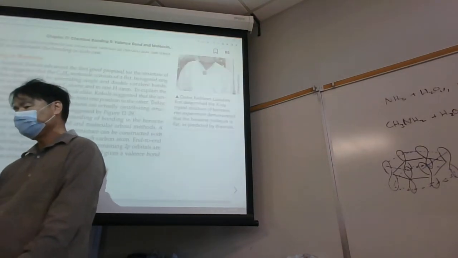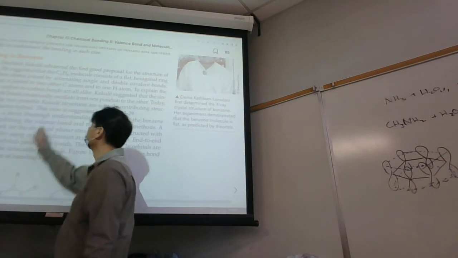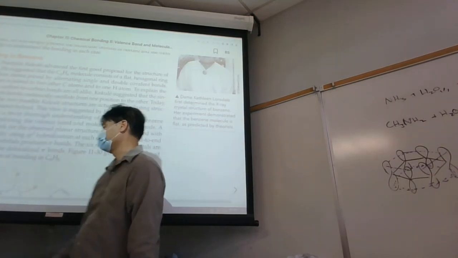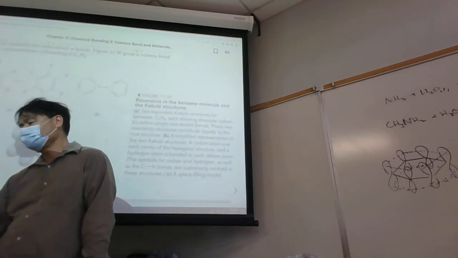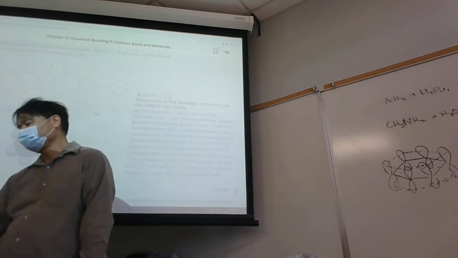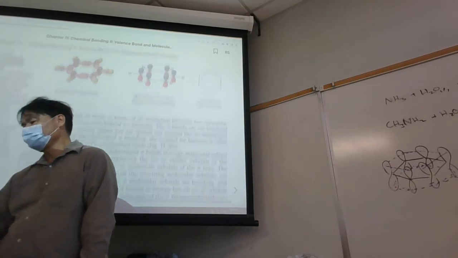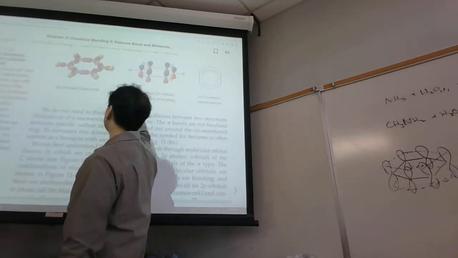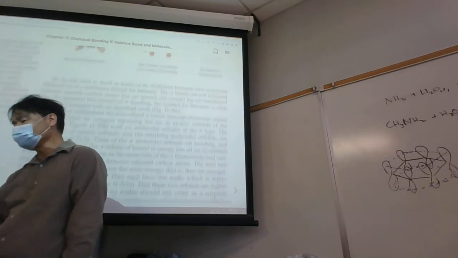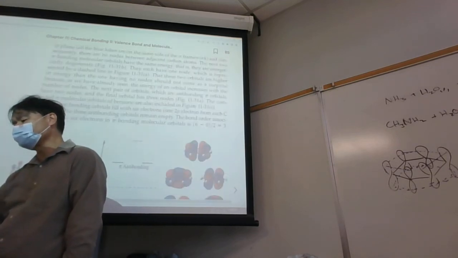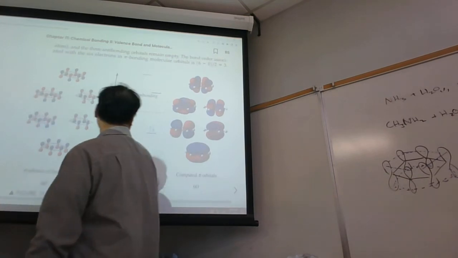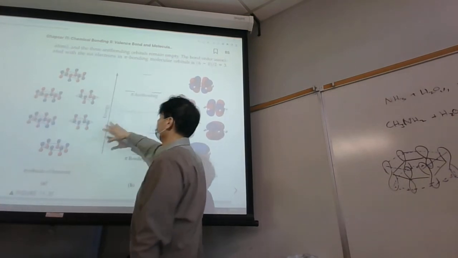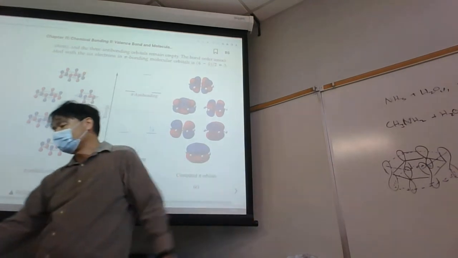And there's a whole section on benzene, bonding in benzene, and the whole history of this. So the pi bonding network, and then MO theory. MO theory is much better at explaining this than valence bond, but essentially the electrons are completely delocalized. This is MO. This would be valence bond here.